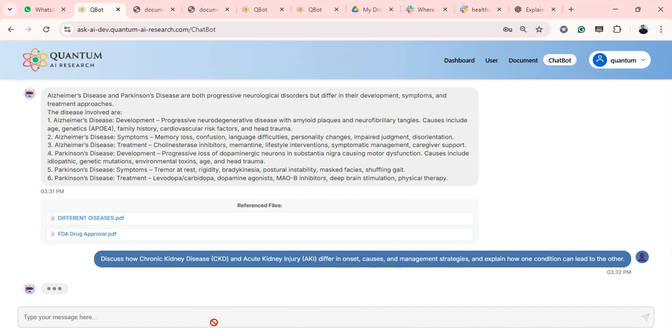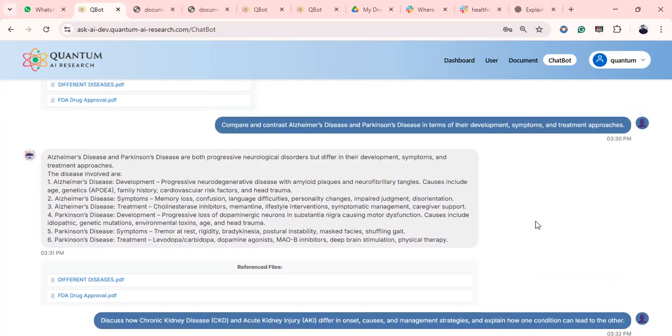It needs to give you the definition of these two different diseases, then the causes and management strategy, and explain how one condition can lead to the other. So it is a combination of multiple questions and in-depth information it needs to give you. Just wait for a while. It will give you the answer within a few seconds.